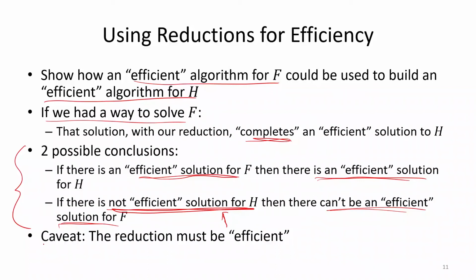And like last time, we had this caveat that our reduction had to only do computable things. In this case, we're going to require that our reduction only do efficient things. In order to guarantee the efficient solution to f is the only missing piece for a totally efficient solution, we need to make sure all of the other pieces are efficient.